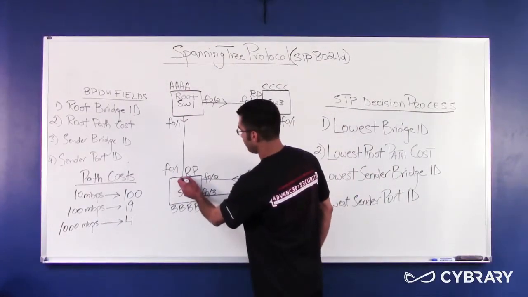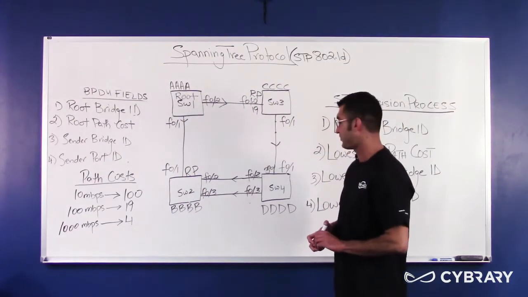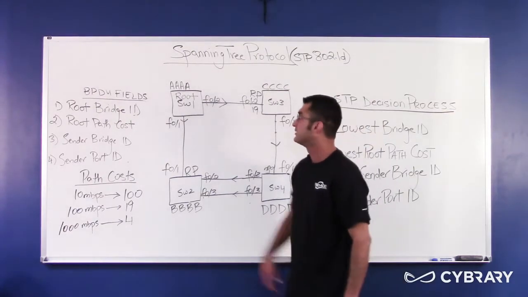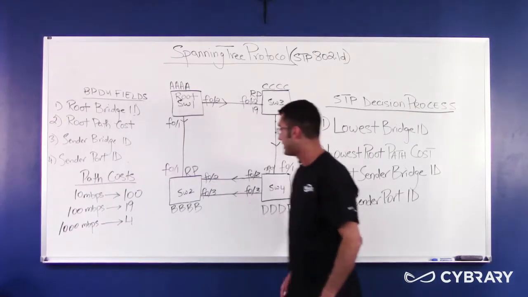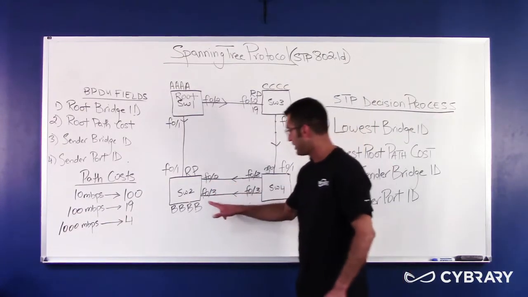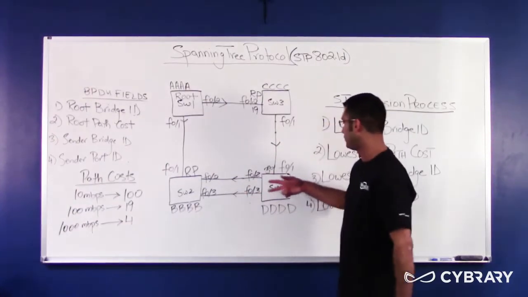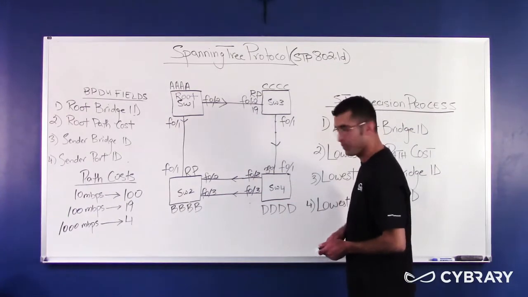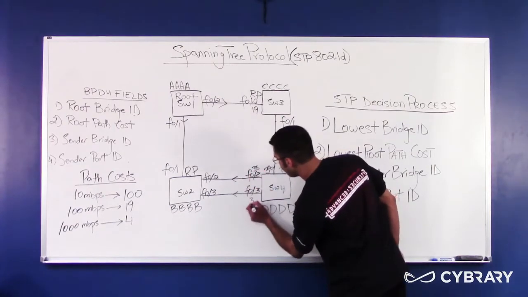Then this BPDU traverses switch 2, and it is converted to two separate BPDUs. It's actually the same BPDU, the only difference being that the sender port ID field inside of the BPDU now says port 2 for the BPDU leaving port 2, and port 3 for the BPDU leaving port 3. These two BPDUs enter switch 4 port 2 and port 3, and the cost for both of these is incremented to 38.